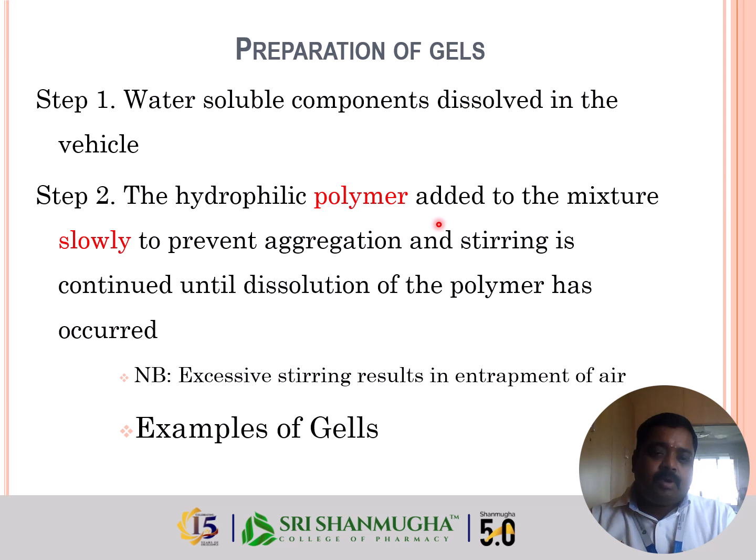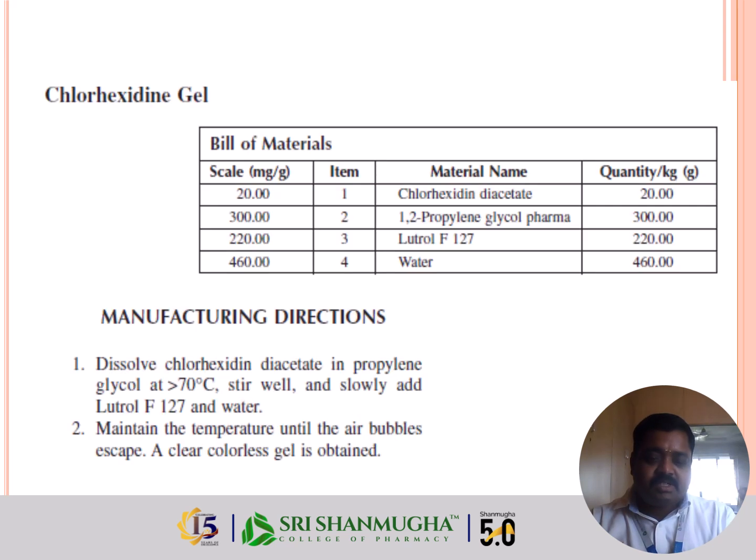The hydrophilic polymer is added to the mixture slowly to prevent aggregation, and stirring is continued until dissolution of the polymer has occurred. Note that excessive stirring results in entrapment of air. As an example of jellies, the chlorhexidine gel formula is given and the manufacturing directions follow.